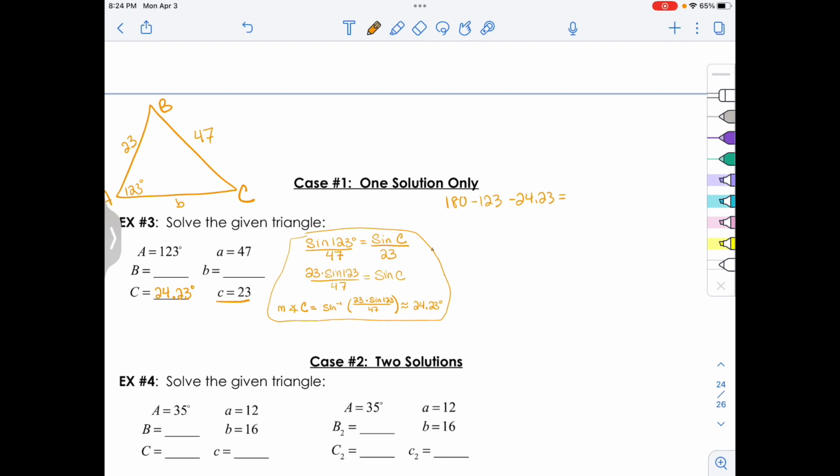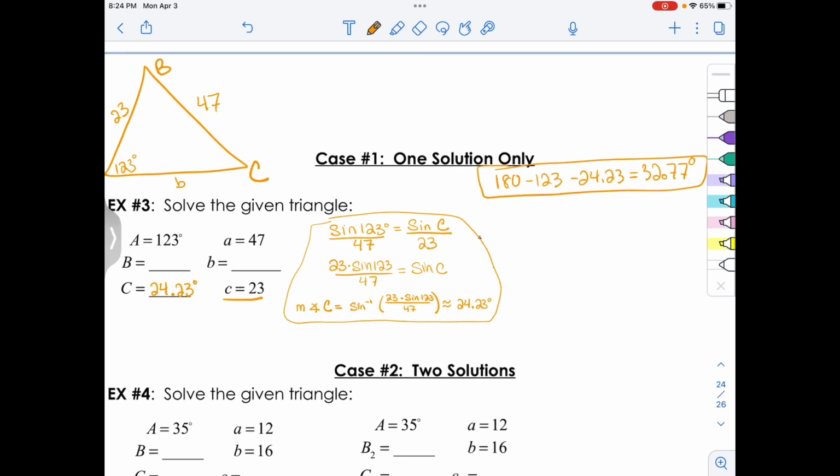And that comes out to be 32.77 degrees. Now I want you to remember we rounded here, right? So this angle, B, is a rounded angle. So depending on how many decimal places you rounded C, or if you even use the exact values, you might have a slightly different decimal.